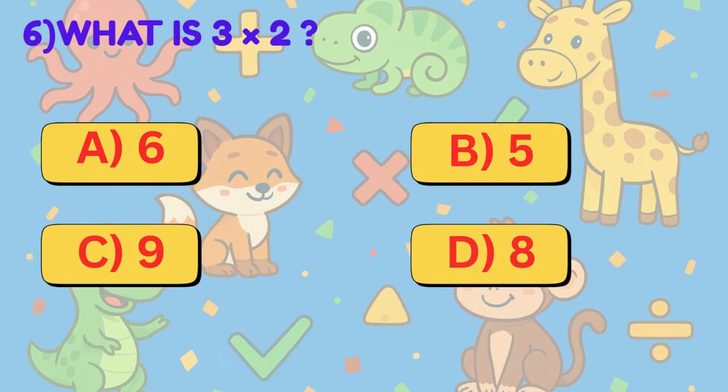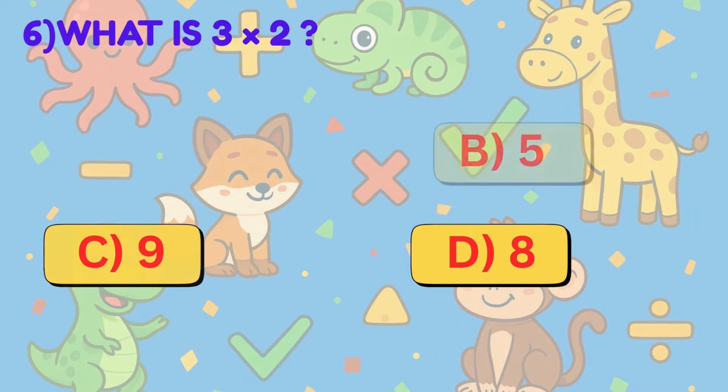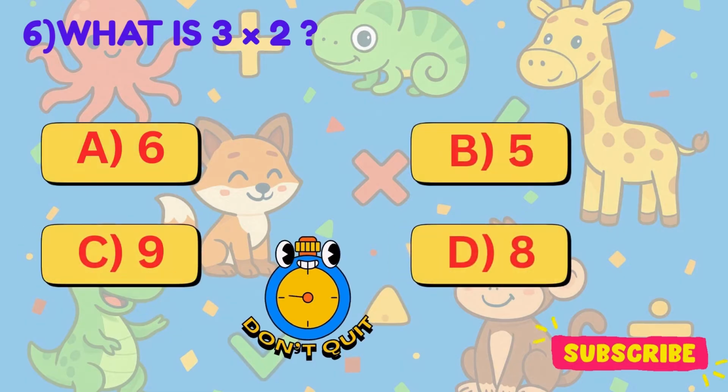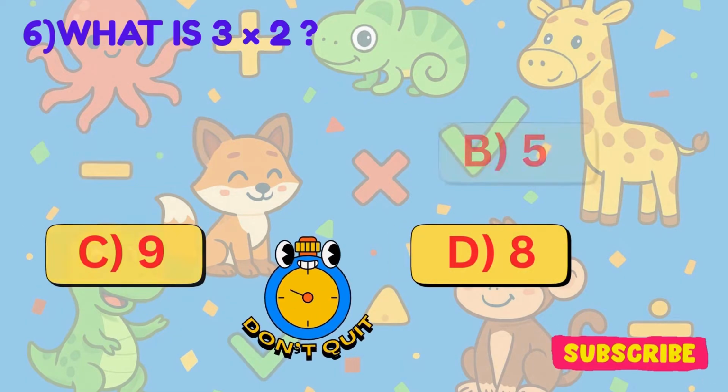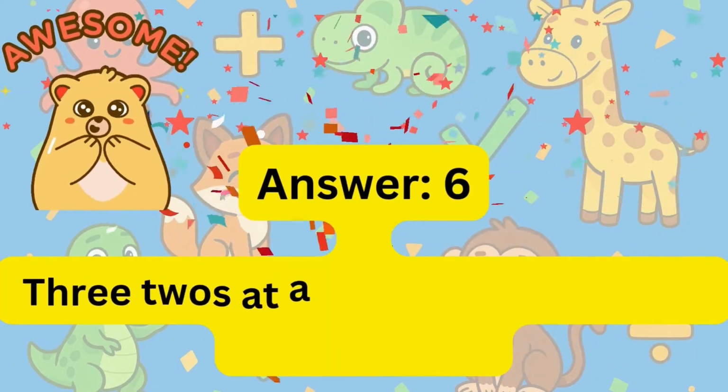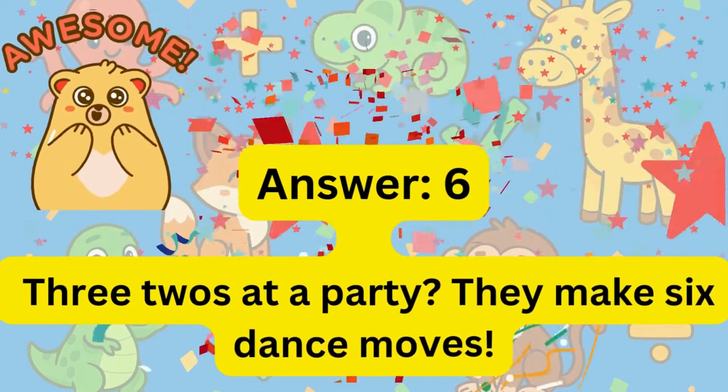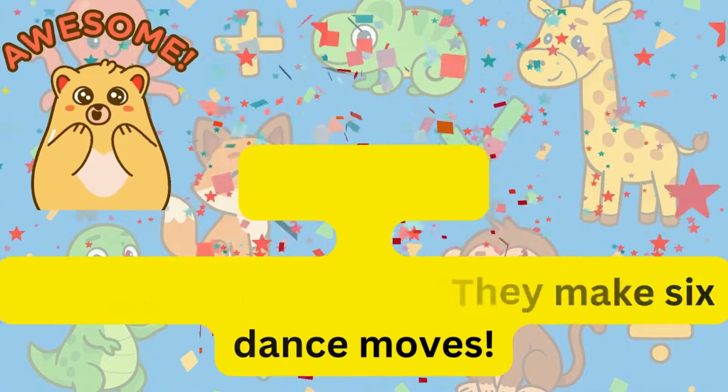What is 3 times 2? Is it A, 6, B, 5, C, 9, or D, 8? Correct answer is 6. 3 twos at a party. They make 6 dance moves.